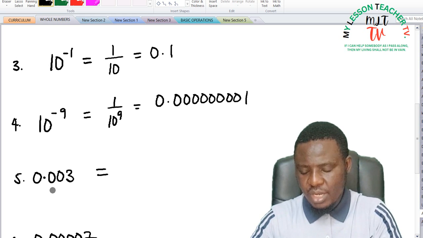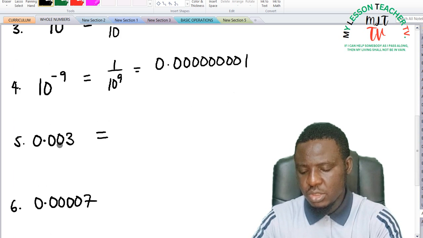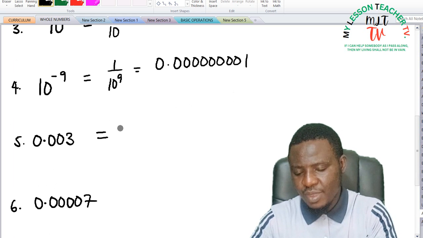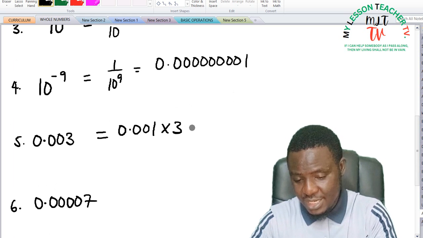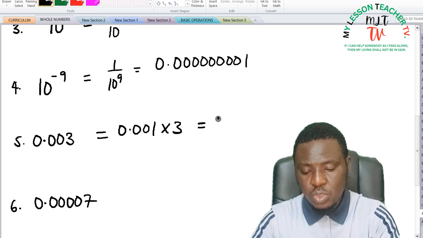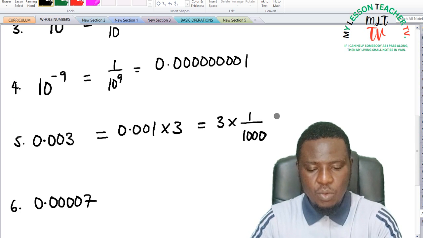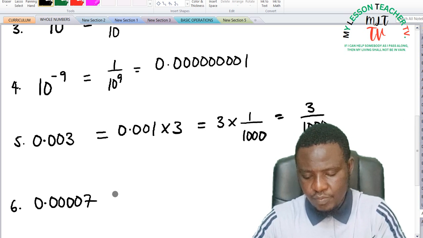Number 5, expressing 0.003 as a fraction, this can be said to be 0.001 times 3, which is equal to 3 times 1 divided by 1,000, which is equal to 3 divided by 1,000.